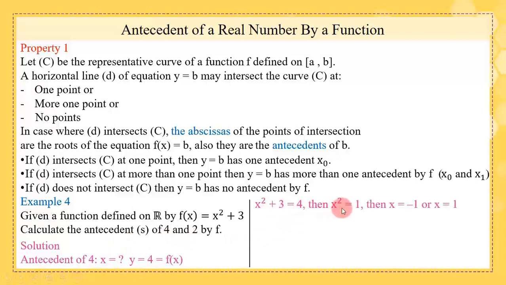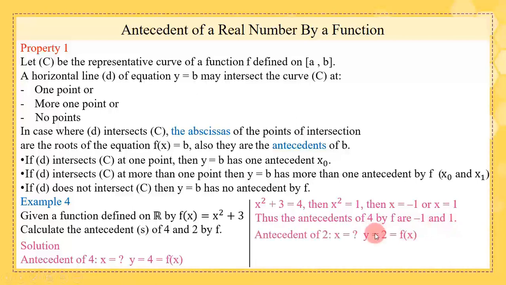This means that x squared equal 1. So x equal minus 1 or x equal 1. So y equal 4 has two antecedents by f that are minus 1 and 1.